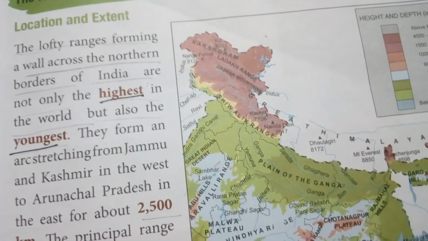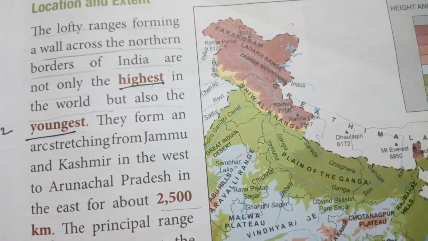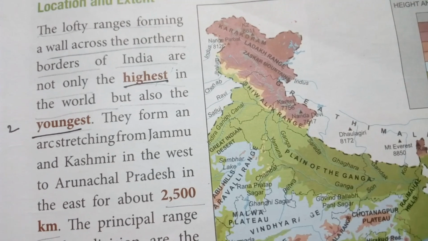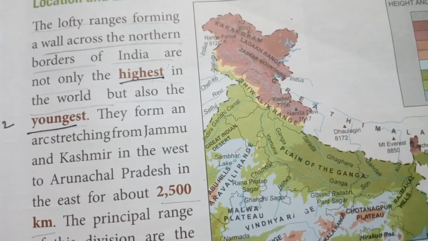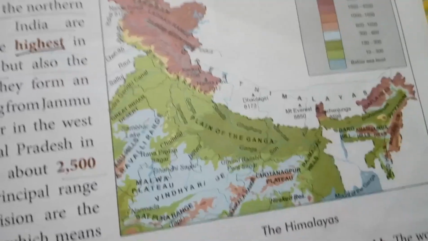Again I am showing the picture of the Indian map. Here in the upper part is the Himalayas. Here you see the Karakoram range, the Ladakh range, the Zaskar mountains, and it extends to Arunachal Pradesh.